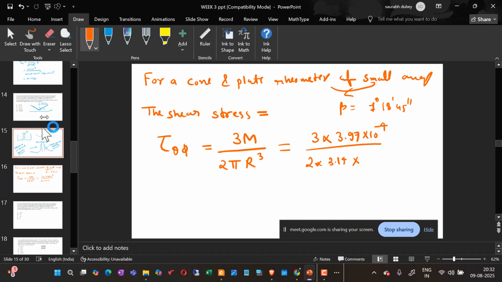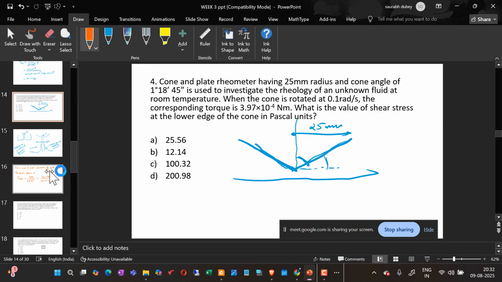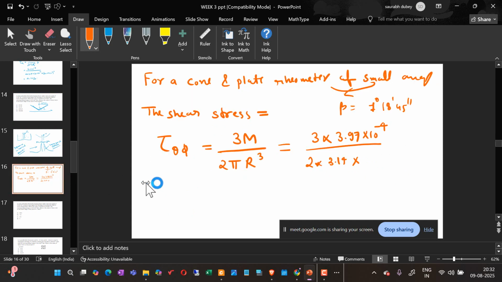R is 25 mm, that I have written here, which is 25 into 10 to the power minus 3, cubed, right?